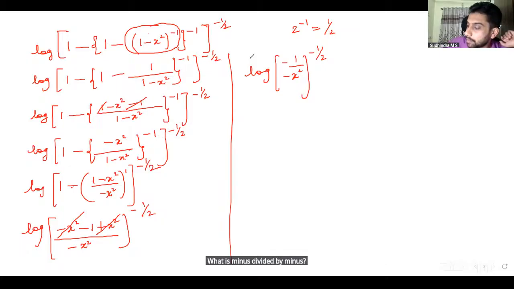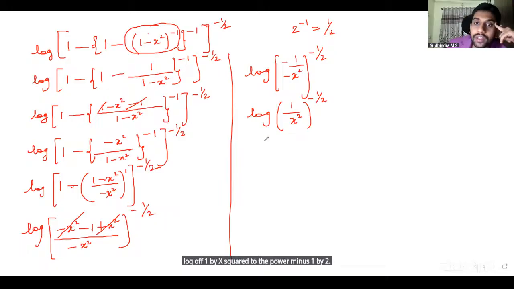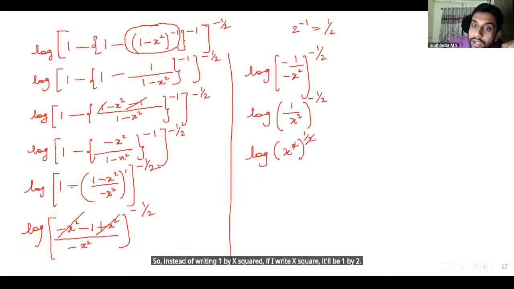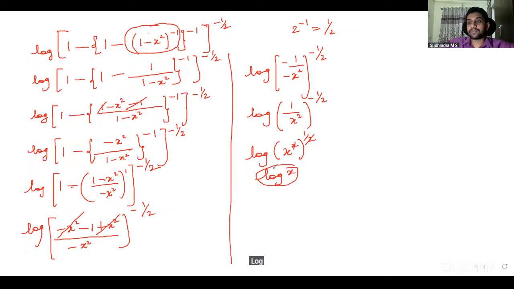So can I consider this as log of 1 by x square to the power minus 1 by 2? If I take reciprocal, it will be plus 1 by 2 power. So instead of writing 1 by x square, if I write x square, it will be 1 by 2. 2 and 2 get cancelled. What remains is log x. So that is the answer. Log x is the answer.